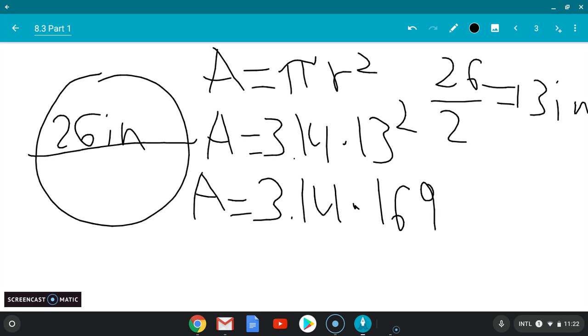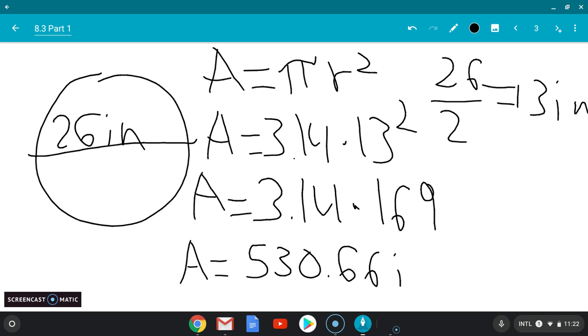Okay, then you multiply your 3.14 times 169. Again, just use your calculator. You should get an area of 530.66. And of course, in this case, we were using inches. So 530.66 inches squared.